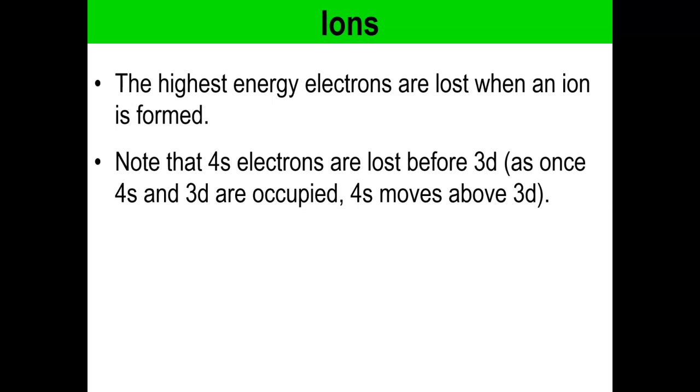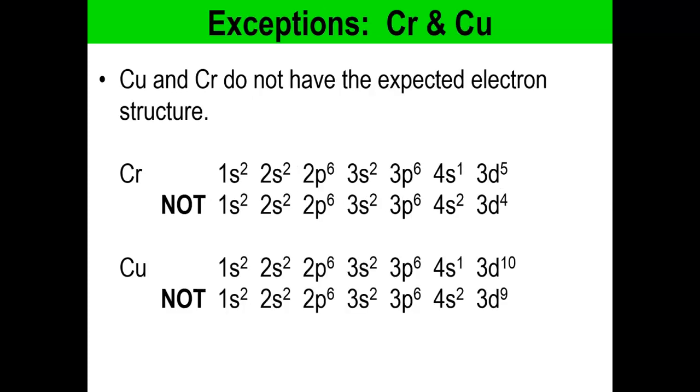So 4s electrons must be lost before 3d. As, of course, when the electrons are added, the 4s moved above the 3d to make sure it's in its outer shell position. So very simply, when you take electrons away, you work backwards. You remove electrons working inwards towards the nucleus.